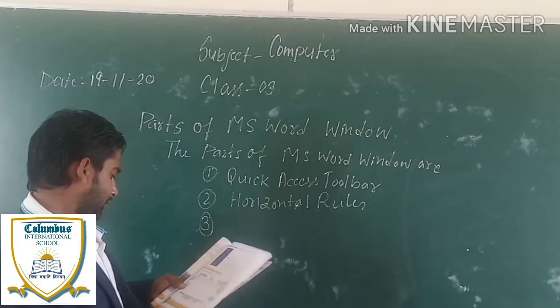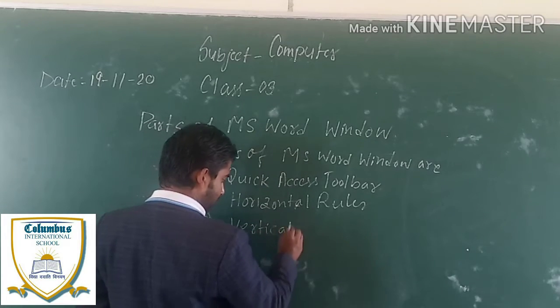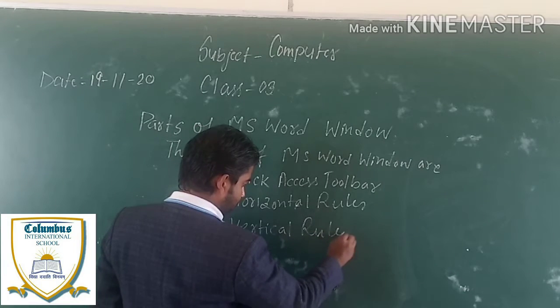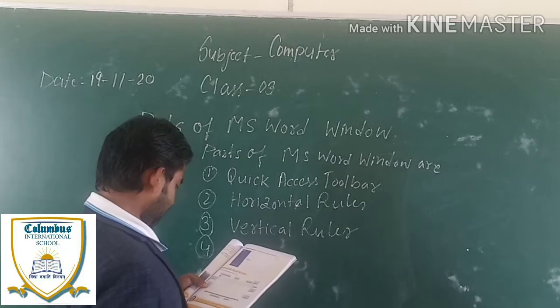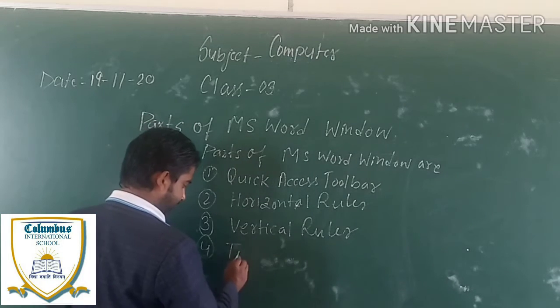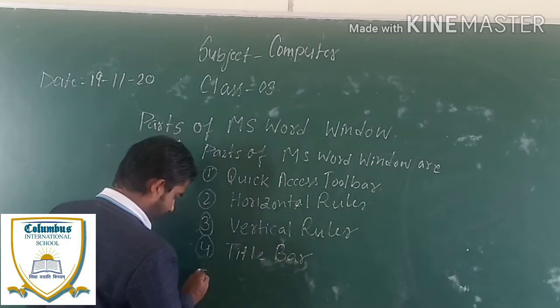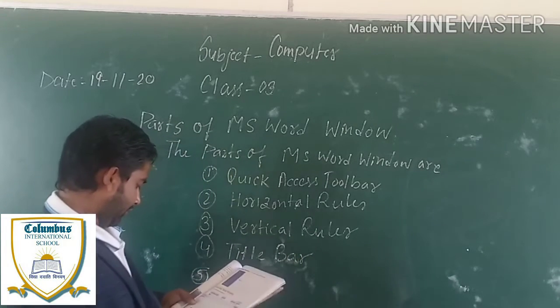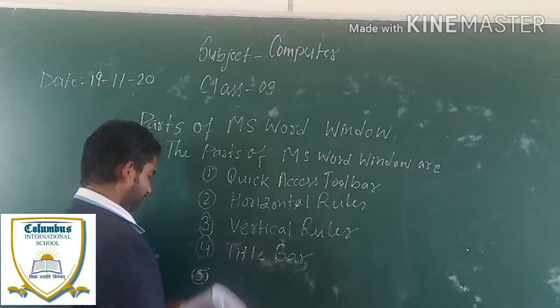Third, vertical ruler. Fourth, title bar. Fifth, help button.